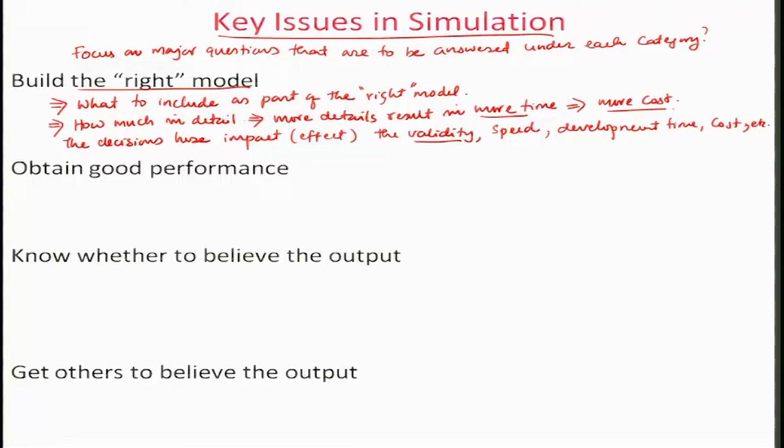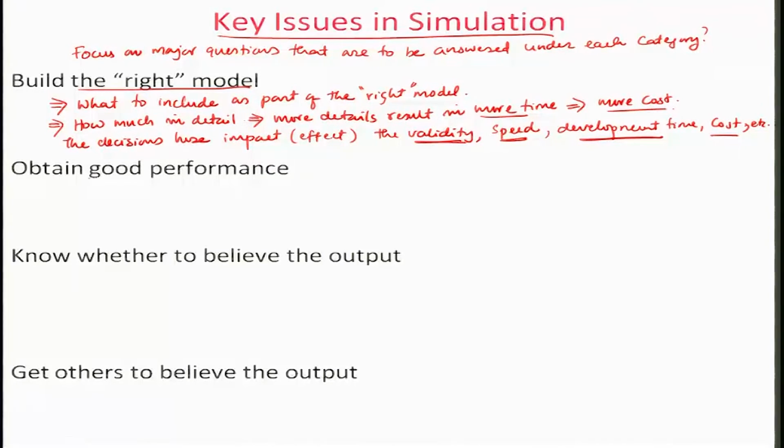If you do not include sufficient details, then the model becomes invalid. If you include too much detail, then the model might become valid, but it will reduce the speed of the model with which you can do experiments, and it will also reduce the speed of development time. And once the development time goes through the roof, then the cost will also go through the roof, and the cost of the simulation becomes quite expensive.